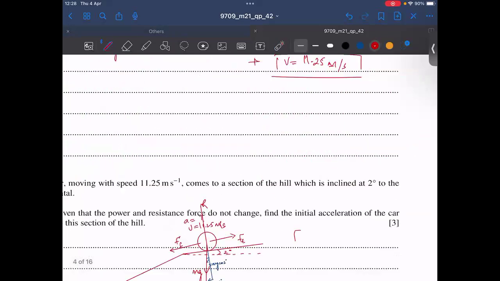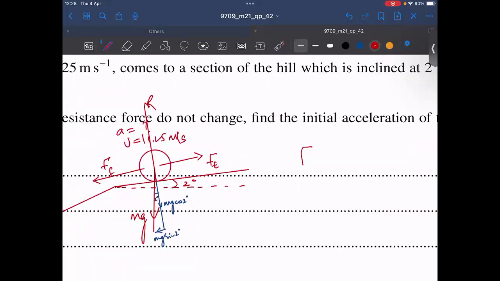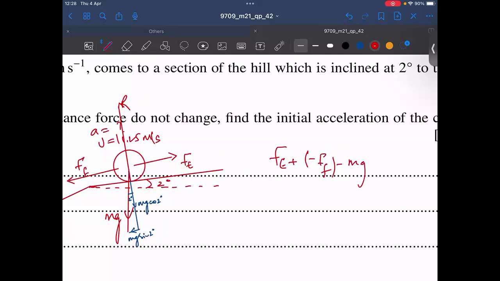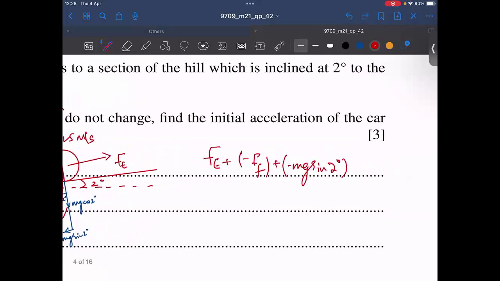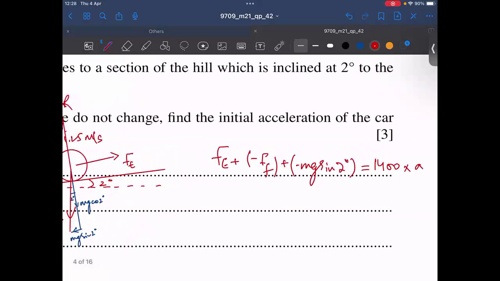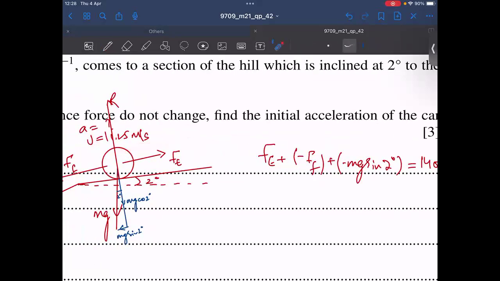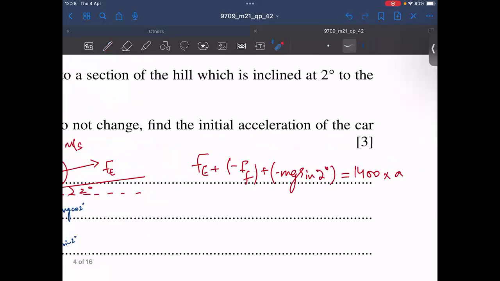So I'm going to write Fe positive, minus force of friction, minus mg sine 2 degrees, and equals to, now this time 1400 into A is not 0. A is also going to be directed upwards, and it's not going to be 0 this time.